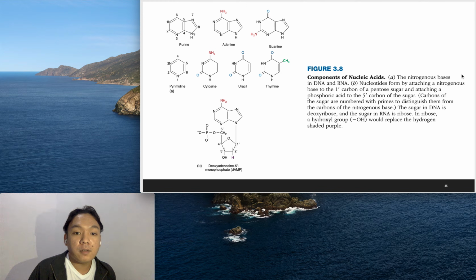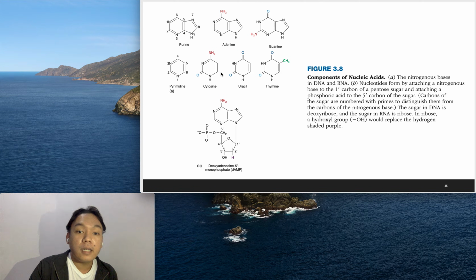Okay, so these are the purines: adenine, guanine. The pyrimidines: cytosine, uracil, thymine. The base pairs are adenine and thymine for the DNA, and guanine and cytosine.